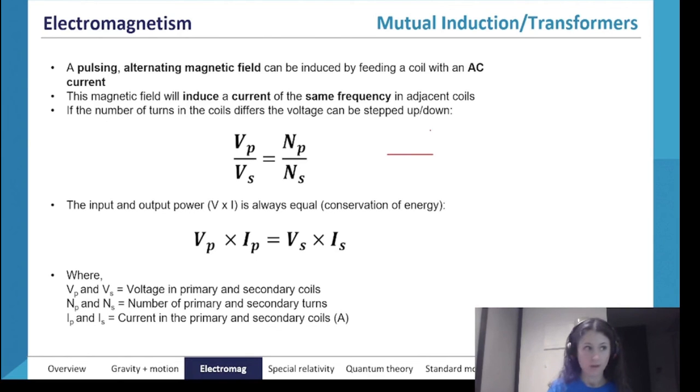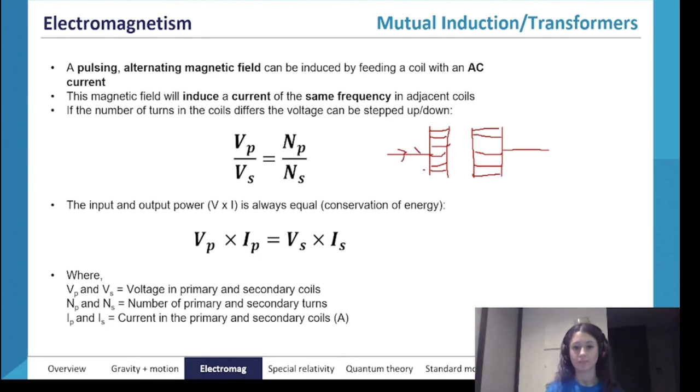So if you have energy moving in this wire and then it is put through this coil here, and then if you have another coil here that has less turns, what's going to happen is the energy is going to travel along here, and then it is going to go through this coil here, and the movement of the charge through the coil is going to generate a magnetic field, which is thus going to impact this coil, generating a charge through this coil, which will then move off in this direction. So that's why that works.